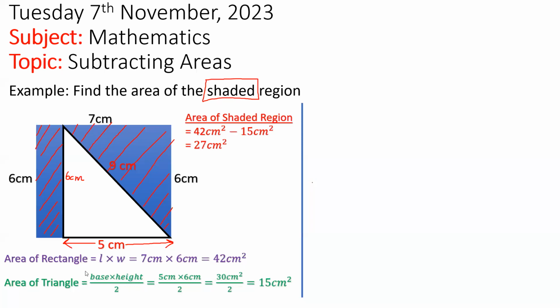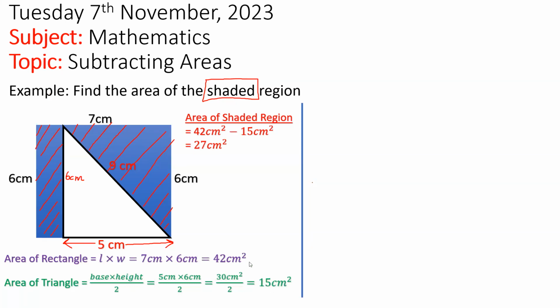To find the area of the triangle, you have to do base times height divided by 2, which would equal 5 cm times 6 cm divided by 2, which equals 30 cm squared divided by 2, which would give you 15 cm squared.